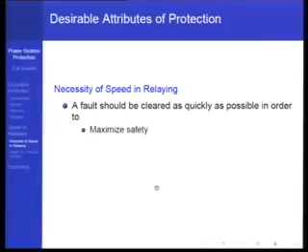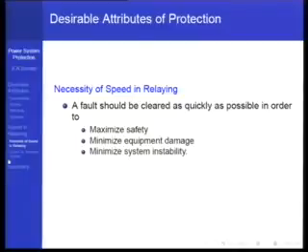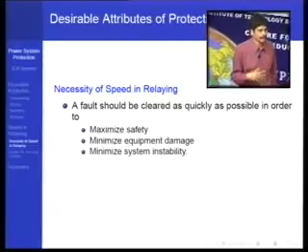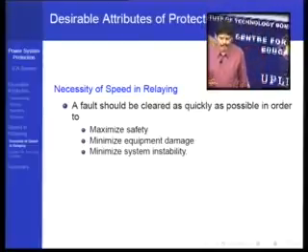Okay, now let's look at the speed requirements of the relay. So there are two things: maximize safety, minimize equipment damage. The third thing is that the slowness of the protection system can worsen the system stability.